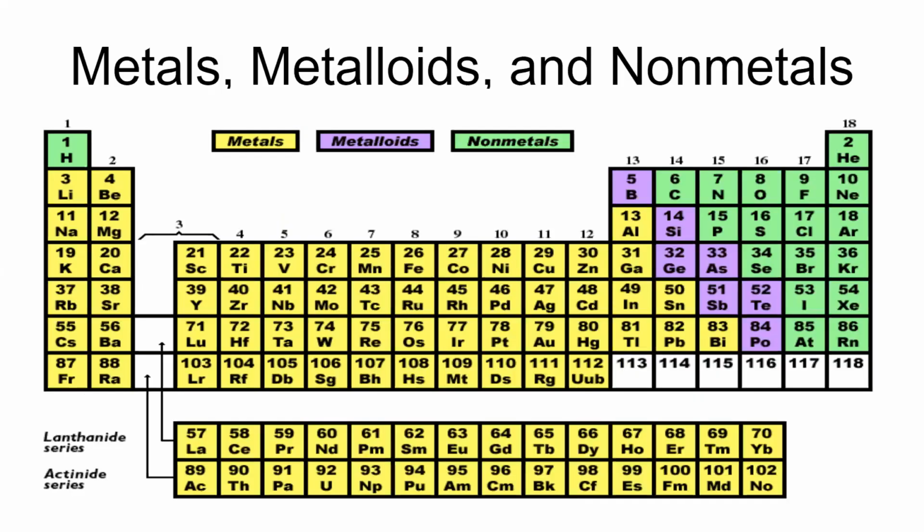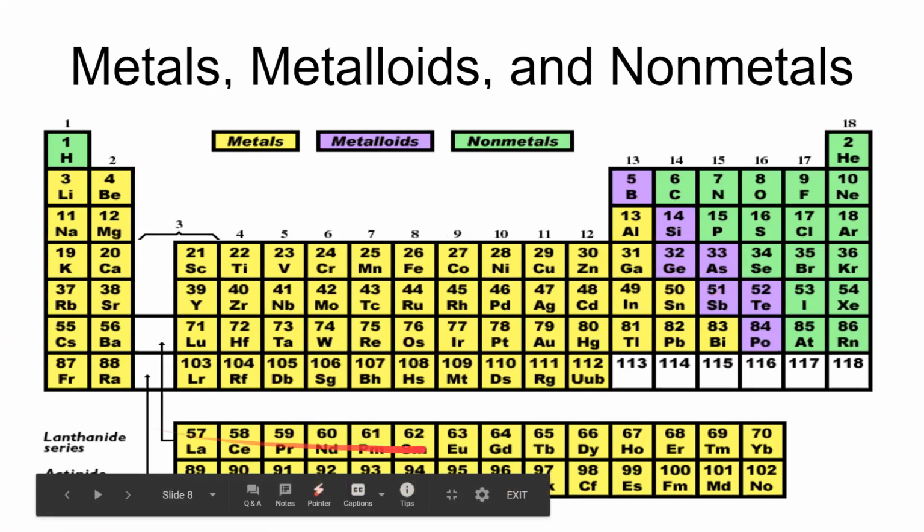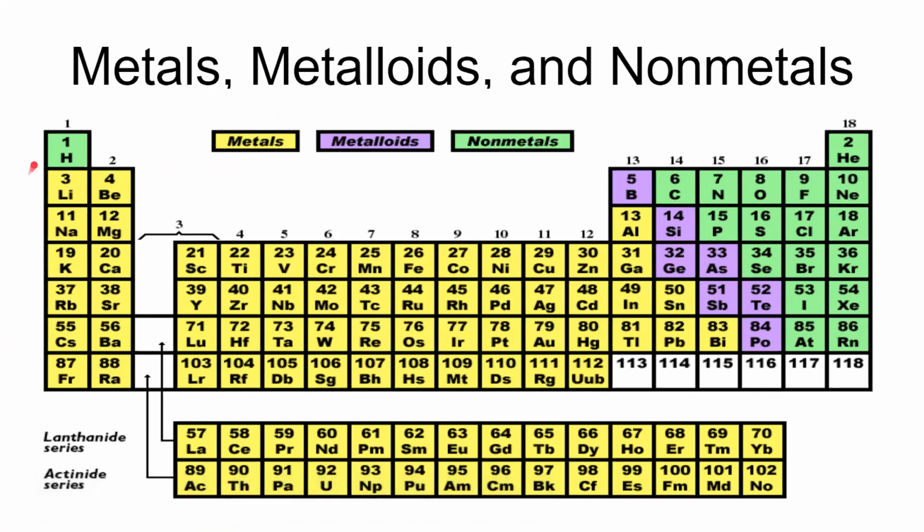So the last thing that I wanted to talk about with you guys today, and the thing that your homework for tomorrow is going to be based on, is the concept of separating our elements out into three basic types. So on this chart, you've seen all these colors, and they actually correspond to which type of element we're looking at. So the metals are the ones that are colored in yellow.